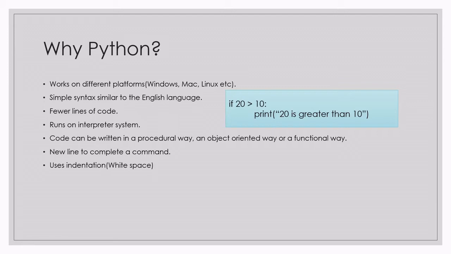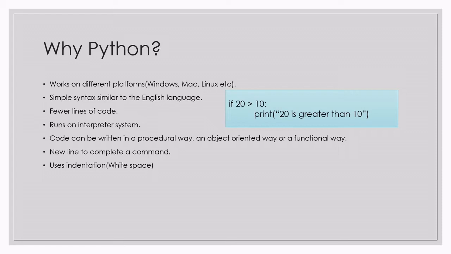Python uses a new line to complete a command. You can see here the print statement does not have a semicolon at the end. That means it uses a new line to complete one statement, and it also uses indentation.